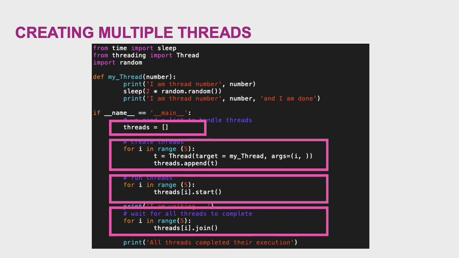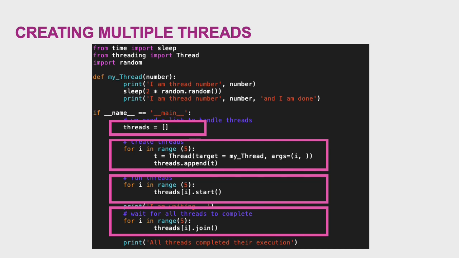So let's have a quick recap of this simple code. First of all, we have the myThread function that implements the simple logic of the thread. Then, important, we have a threads list.